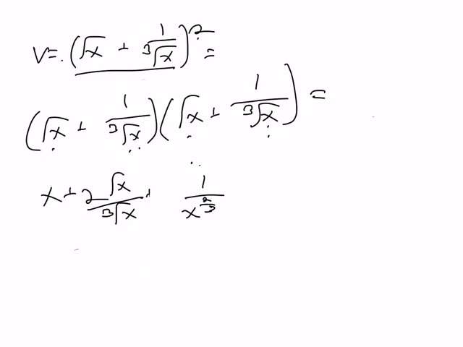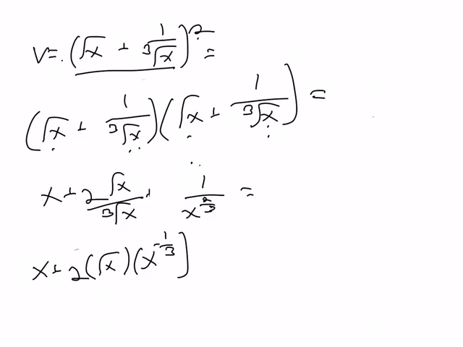Okay, and now let's rewrite this again so we don't have to use the quotient rule, and we can do this in a simpler way. So this is going to equal x plus 2, and then we're going to have x to the one half times x to the negative one third.